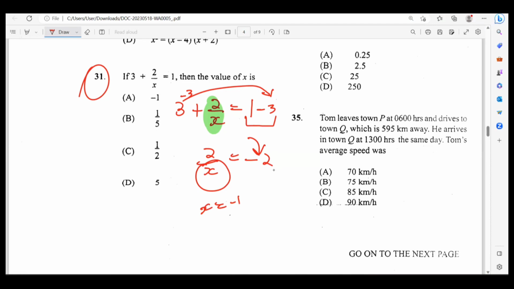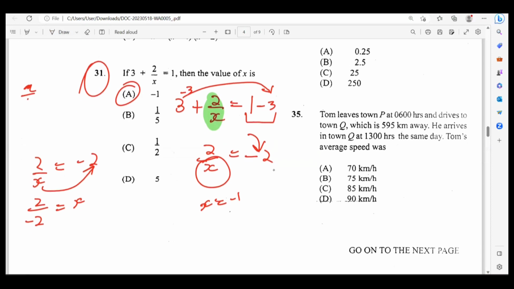If you did not see that, to pick A, so let us say you're still here, you could do the regular. A shortcut, one of them, is that the denominator exchanges place with that. So you'll get 2 over minus 2 equal to x. So if I'm solving anything, like if I have a over b, let me give you an example.